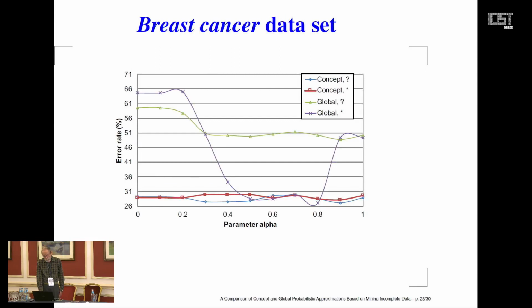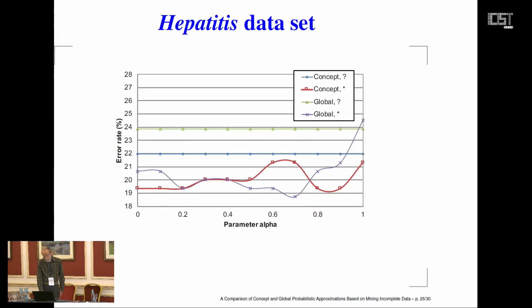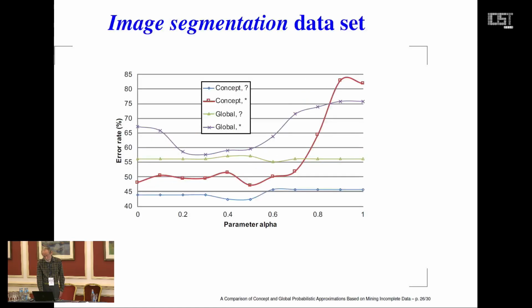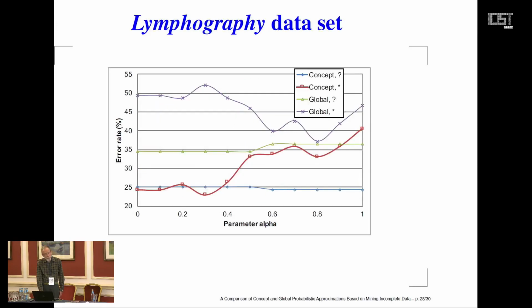Here the differences are even larger. So for all 8 data sets, there are huge differences, and some of those data sets are numerical, some were symbolic.